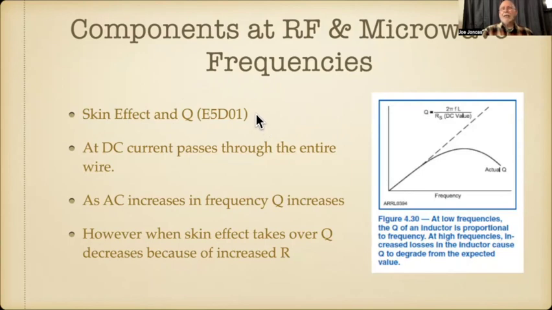As the frequency goes up, at 3 megahertz there's a little bit of skin effect, but at 100 megahertz it's major skin effect, and all the current is running on the outside of the wire. You might as well just use tubing, and a lot of people do. They use tubing for those things.